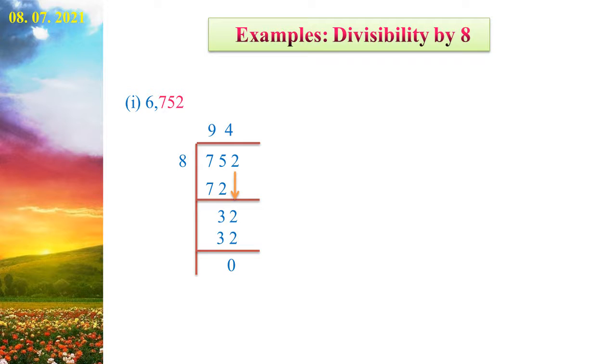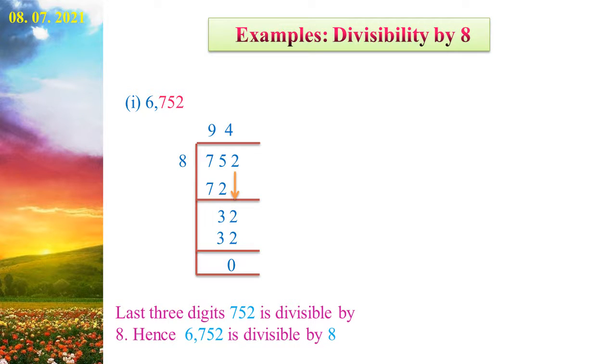Now remainder is 0. So last 3 digits 752 is divisible by 8. So we say that 6752 is divisible by 8.